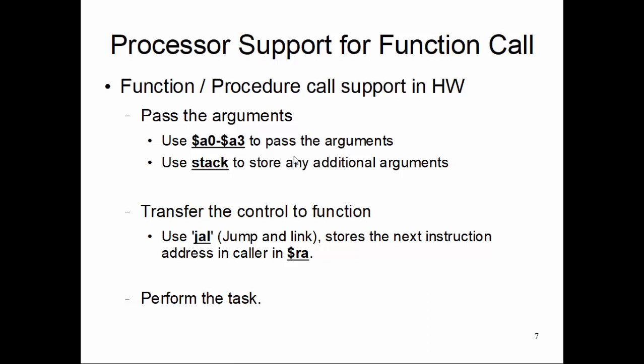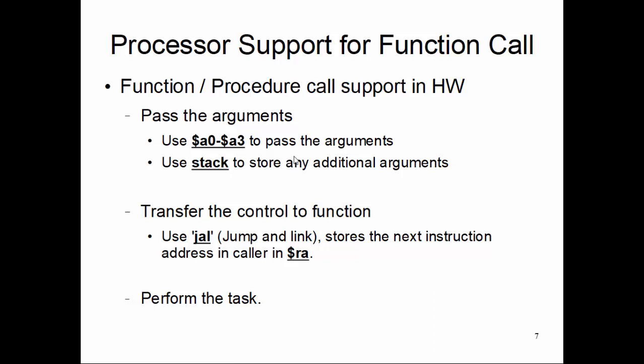Then how do I transfer control to the function? How do I call the function? It is not like we type in a function name and pass the argument. We use something called JAL, jump and link, which is nothing but a jump, like a J instruction.